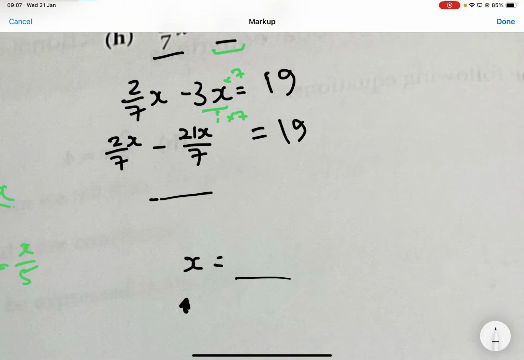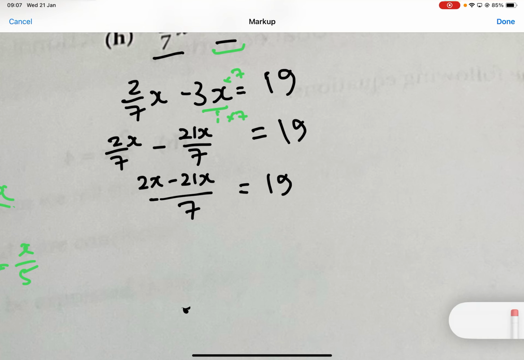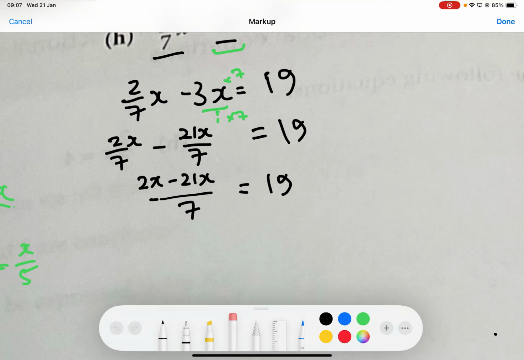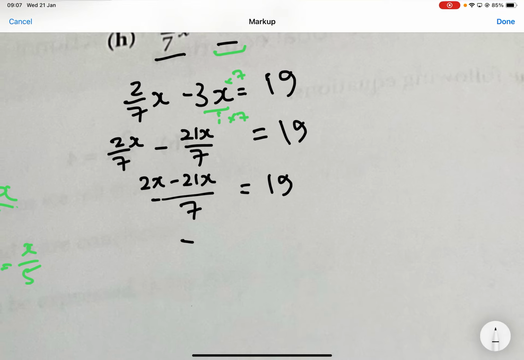Common denominator put together, 2x minus 21x equals 19. Okay, 2x minus 21x is negative 19x over 7 equals 19.